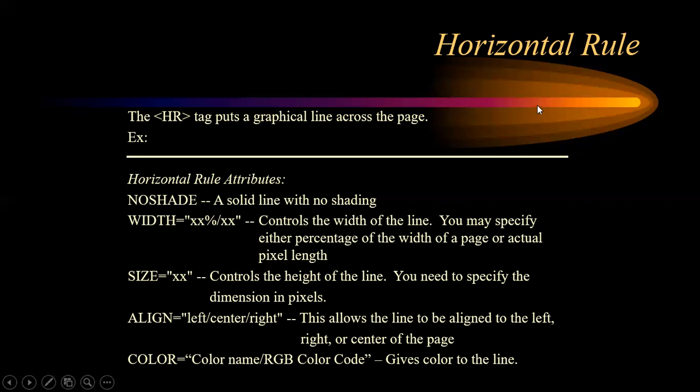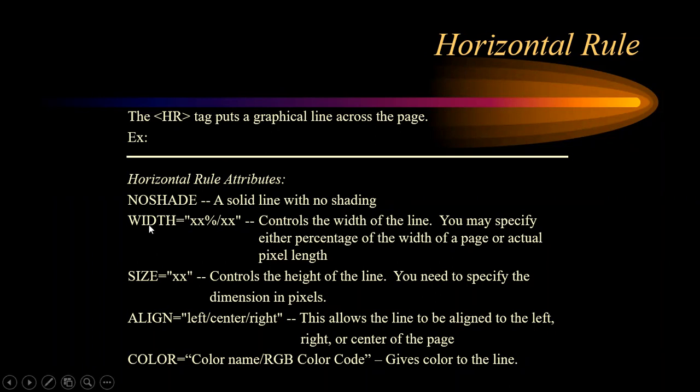Just like here, you can see at the top, under the heading of the slide, we have this horizontal rule, but this rule may have different shadings. But when we apply the HR tag in a web document with the noshade attribute, it will just insert a solid line like over here.